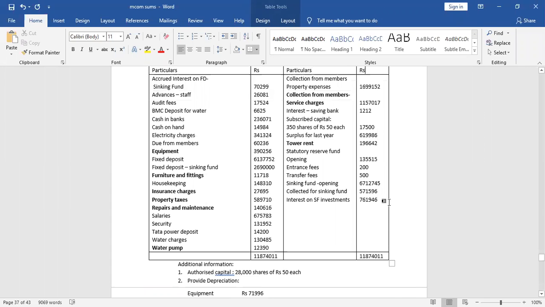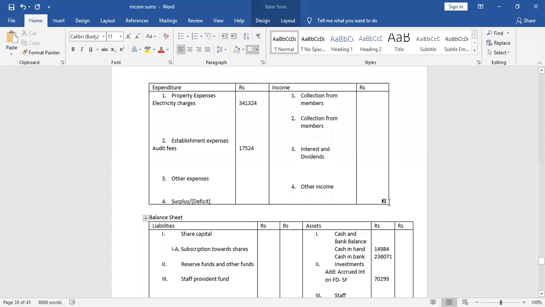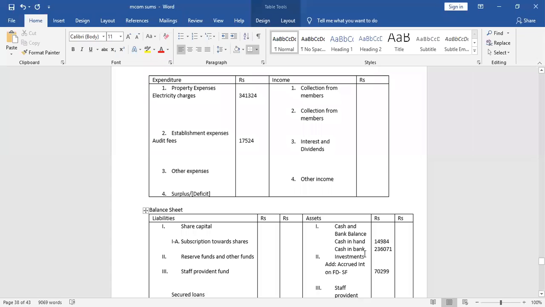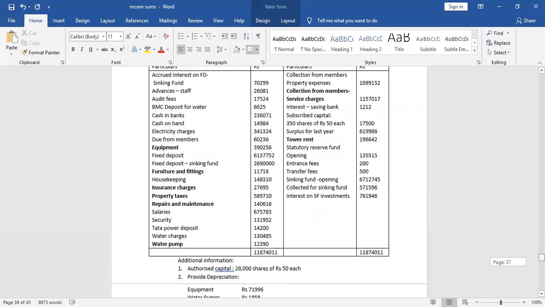Now, after equipment, what we have? Fixed deposit and fixed deposit sinking fund. Both are investment, so I will write in the investment. Fixed deposit sinking fund, and then we also have fixed deposit. We have the amount 61 lakh 37,752 and 26 lakh 90,000.